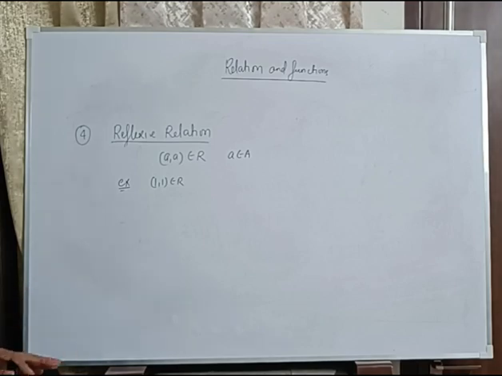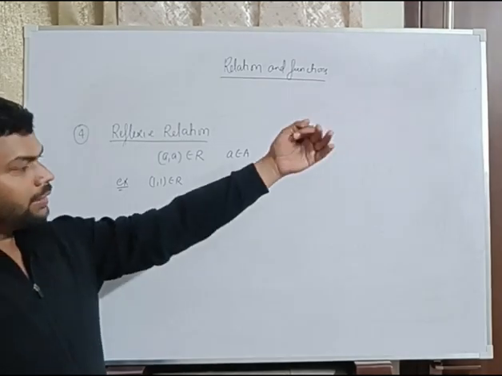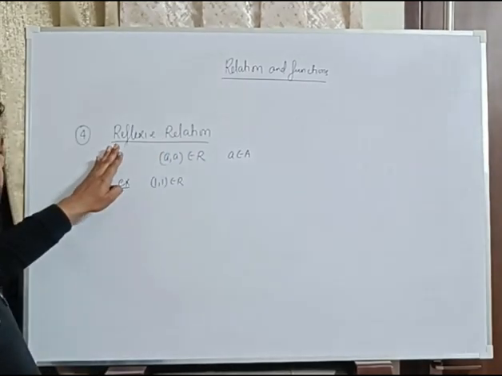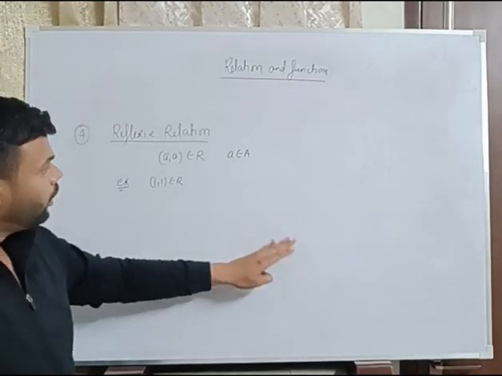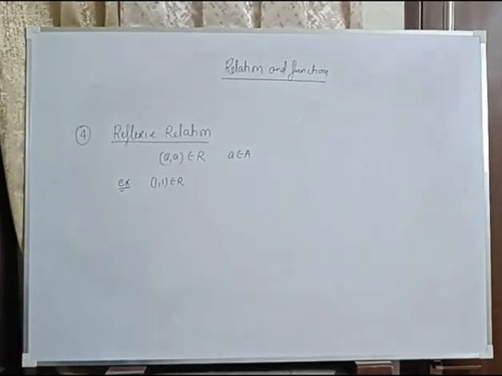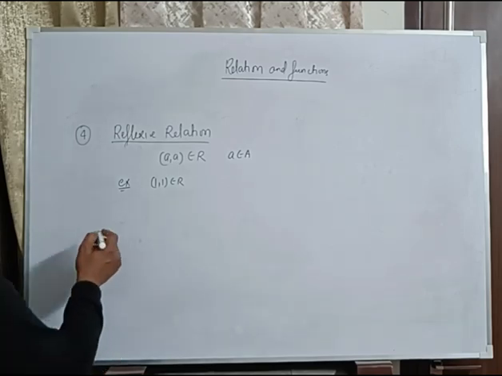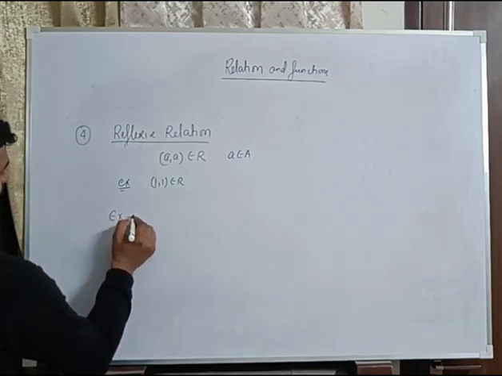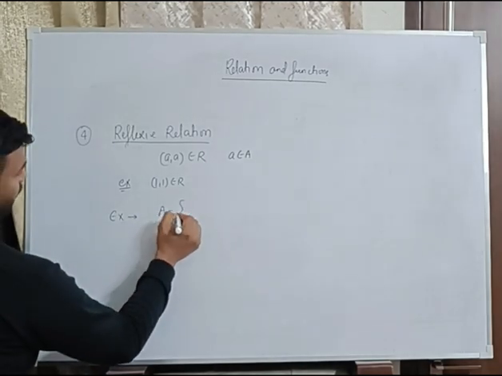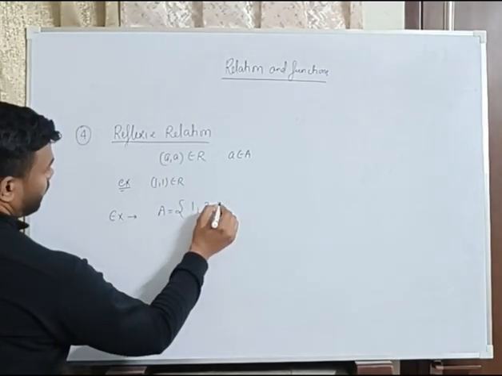But then what is the difference between identity, as we did earlier, and reflexive relation? Let me explain with an example. For example, we have a set A that contains the elements 1, 2, and 3.